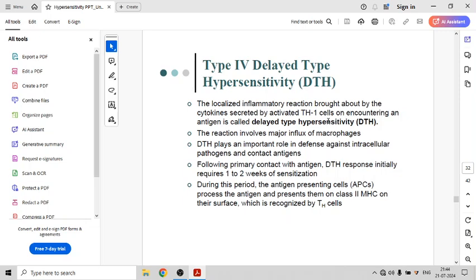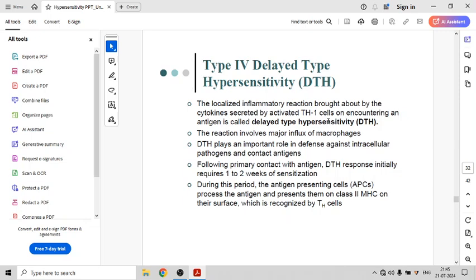Whereas the type 4 hypersensitivity occurs 72 hours after the contact with the antigen. 72 hours is the time lapse that is given for the delayed type hypersensitivity reaction on contact with the antigen, and that is used as a demonstration as Mantoux reaction against the tuberculin antigen, which I will be explaining a little later.